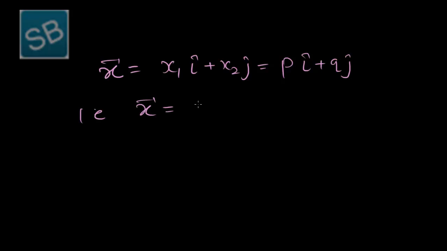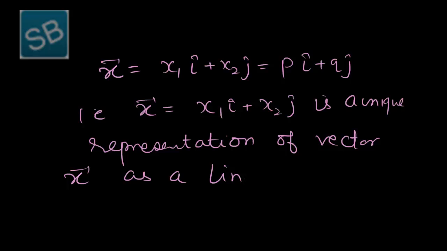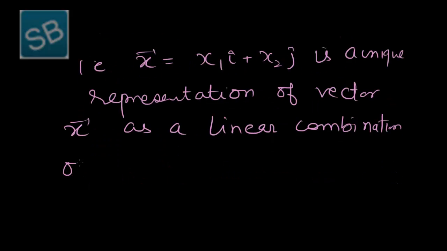That is, vector x = x1i plus x2j is a unique representation of vector x as a linear combination of vector i and vector j in the direction of x-axis and y-axis.